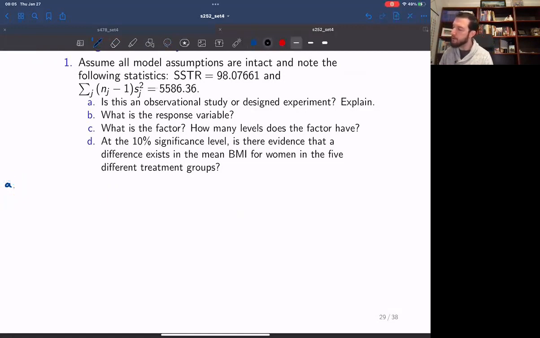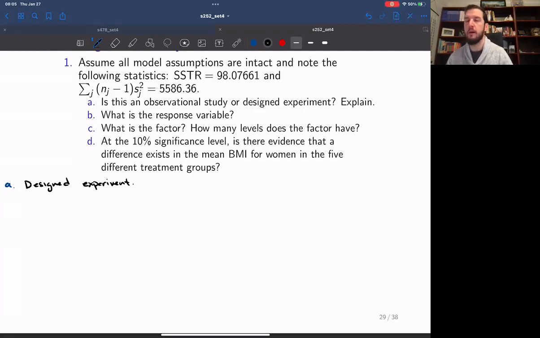Is this an observational study or a designed experiment? Right, so in this exercise, the observations or the patients are randomly assigned into one of those 5 different treatment groups.